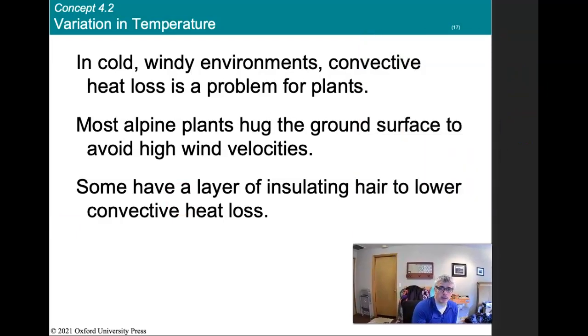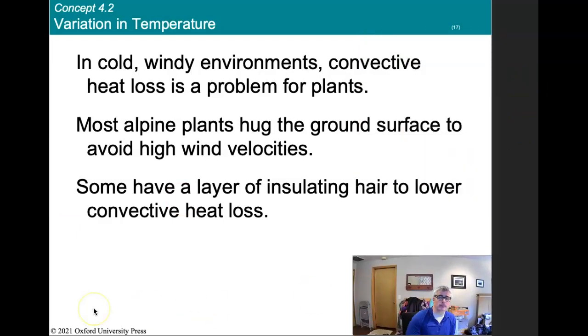In cold, windy environments, convective heat loss is a problem for plants, so most alpine plants hug the ground surface to avoid wind velocities. And some have a layer of insulating hair to lower convective heat loss. You can think of this as small, low shrubs that, when the wind is howling down the mountain, are protected because they're typically in a complex environment.